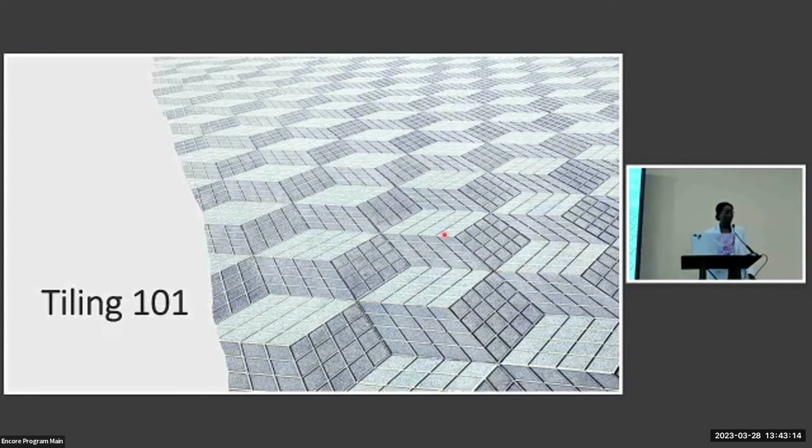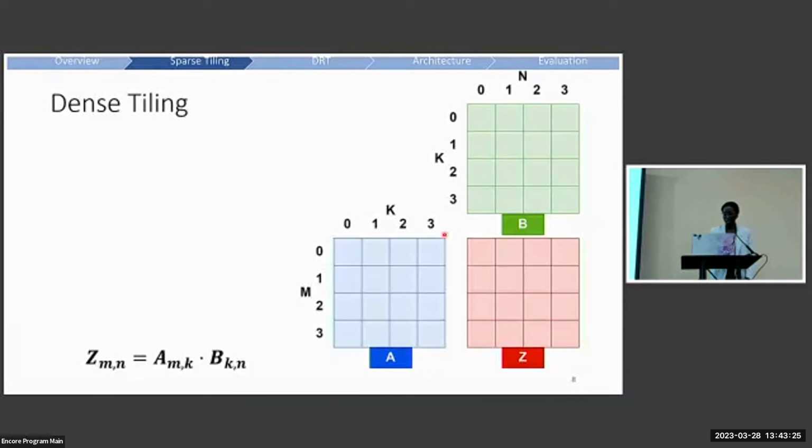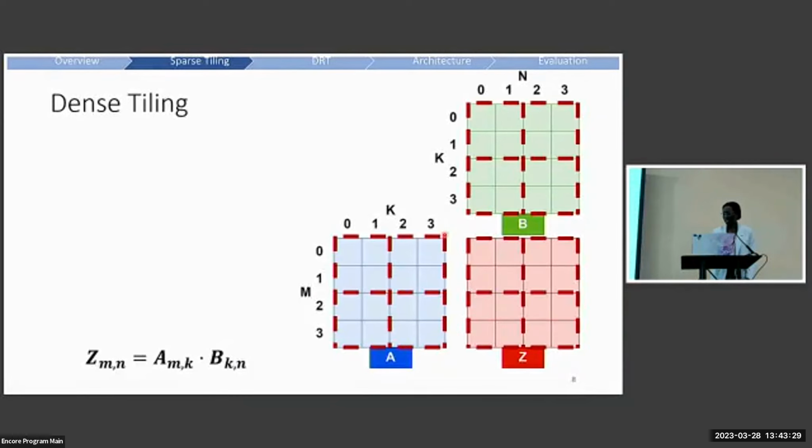So DRT improves efficiency using tiling. Tiling is an optimization that improves memory usage by improving data reuse. So let's briefly overview how tiling works for dense problems. We'll use matrix multiplication as our running example, and tiling works great in this setting. So each of these tiles are filled with 4 non-zeros each, if we assume that our buffer storage requires each tensor to have 4 non-zeros.